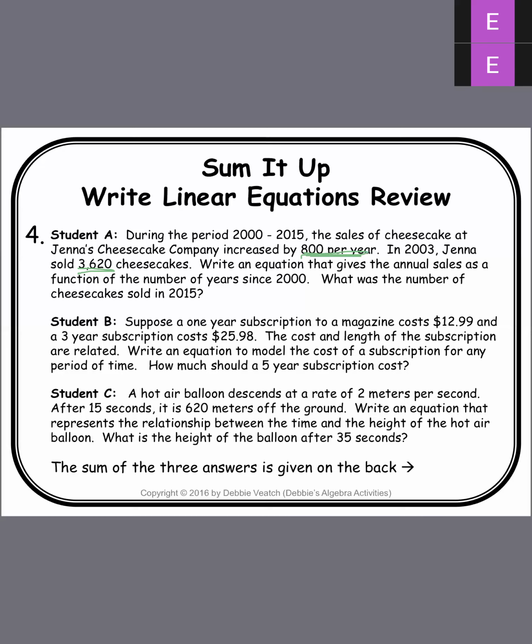So we have a point: 2003, she sold 3,620. This right here is the slope. So guys, remember, if I have a point and a slope, I can write the equation in point slope form. Now this is a little bit weird because they want you to write it as a function of the number of years since 2000.